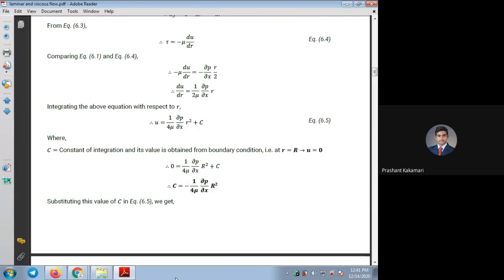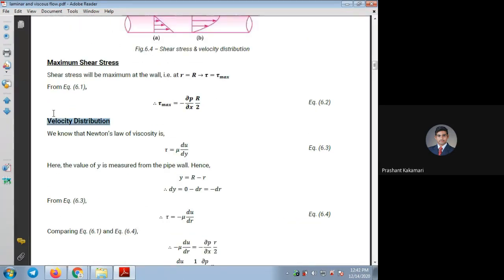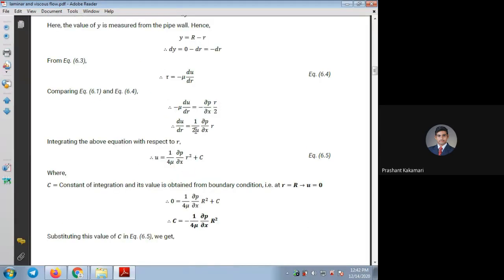Just replace some terms and see the heading. The heading was that we need to find the velocity distribution. In these two equations, the velocity term is only du. So I want to find the du value.